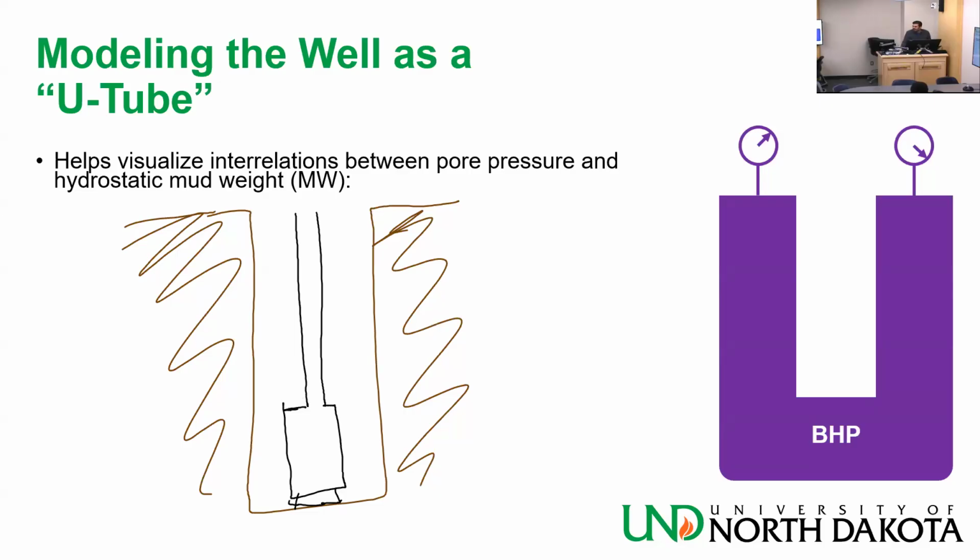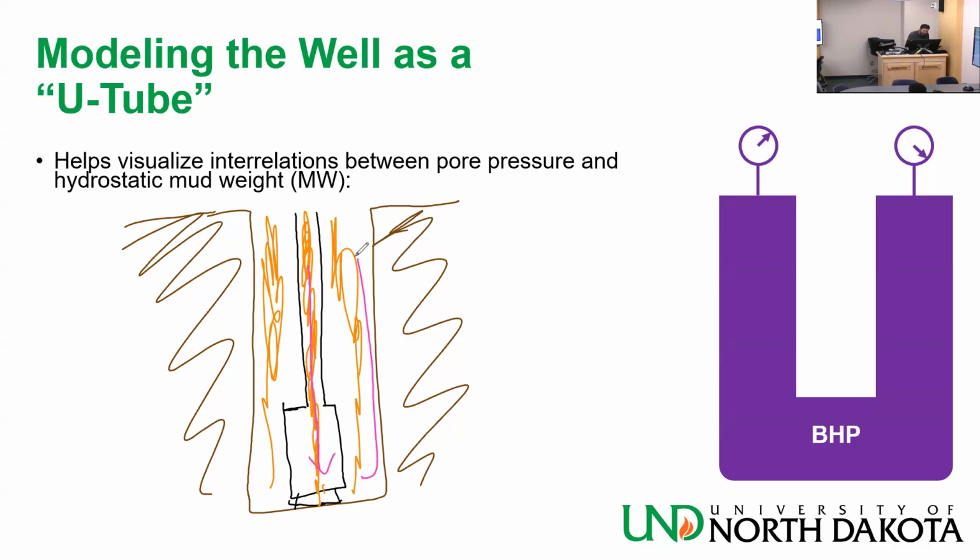Now, you have mud or fluids, different kinds of fluids, inside the drill string, right? Any type of fluid. And then you also have fluid in the annulus. And the pressure changes all around the system because when you are drilling, you are pumping down the drill string and up through the annulus.